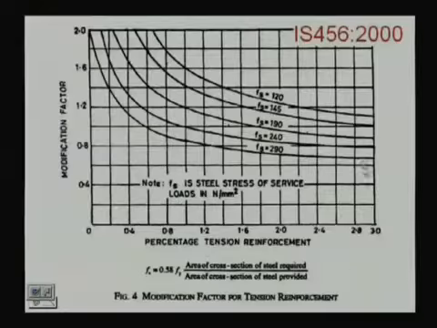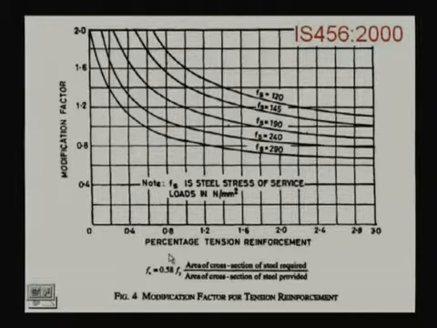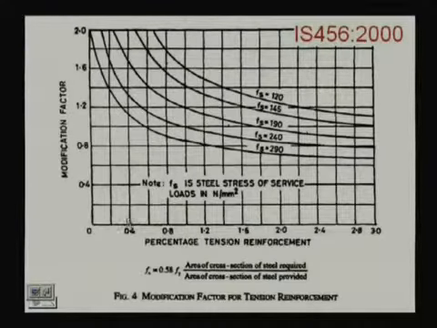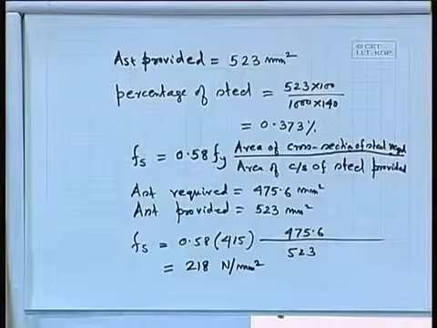Now if we come to this figure 4 of IS 456-2000, we know this is 218 and the percentage of steel we are getting here is 0.373. So 0.373 means it will be somewhere here.